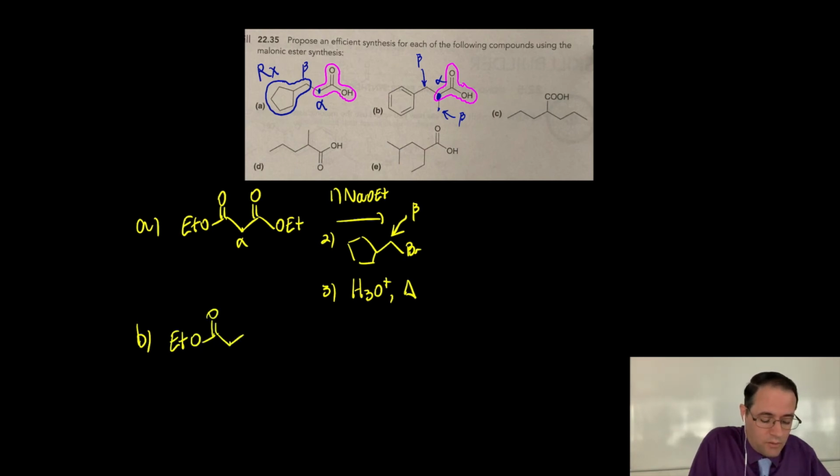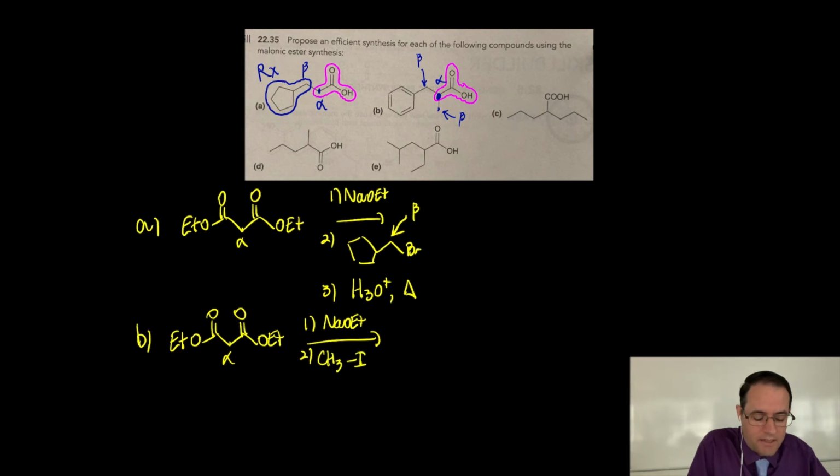So you're going to do diethyl malonate as your starting material as usual, and so that's our alpha carbon. In the first step, you're going to treat this with sodium ethoxide and perhaps methyl iodide, so that'll stick on a methyl group. Then you want to rinse and repeat, so sodium ethoxide.